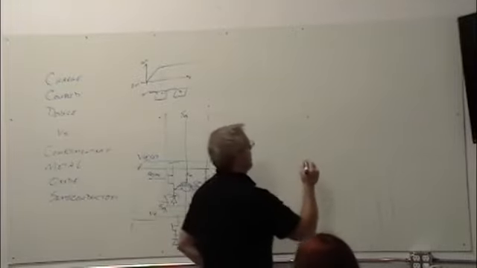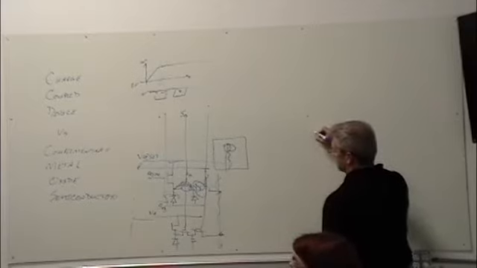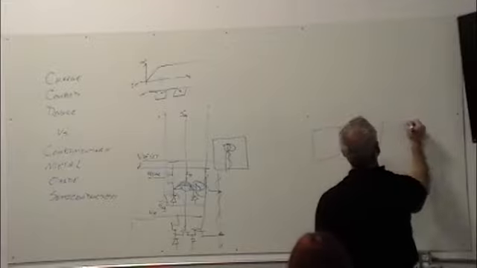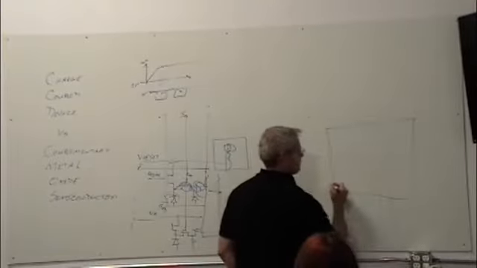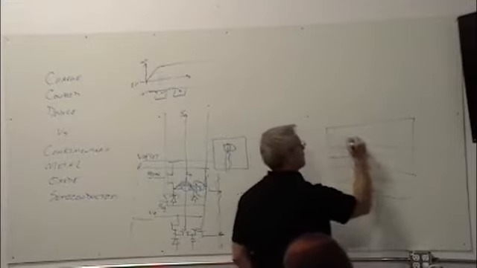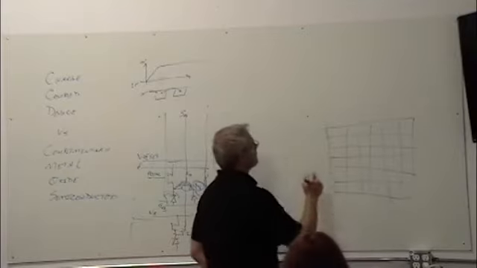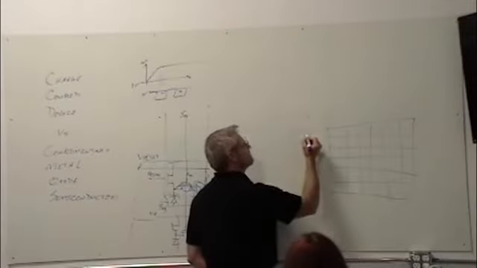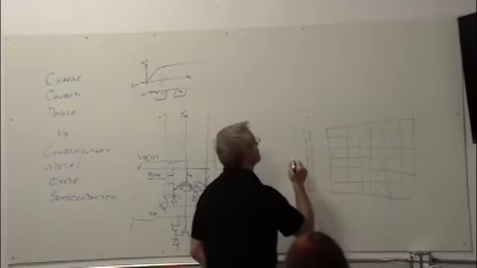So if I have a pixel and a pixel and a pixel, if I put a shift register right here, this is a digital shift register.